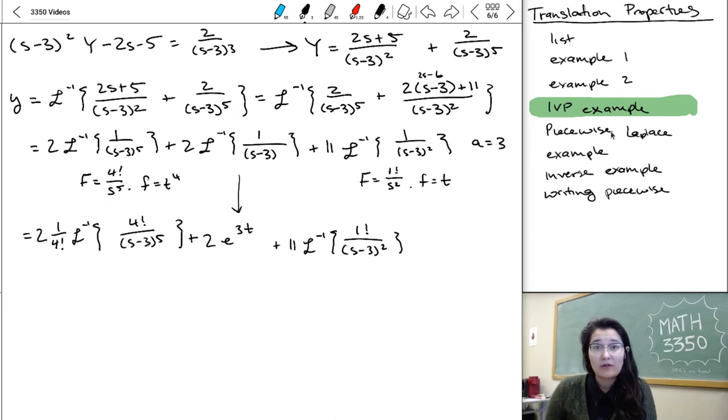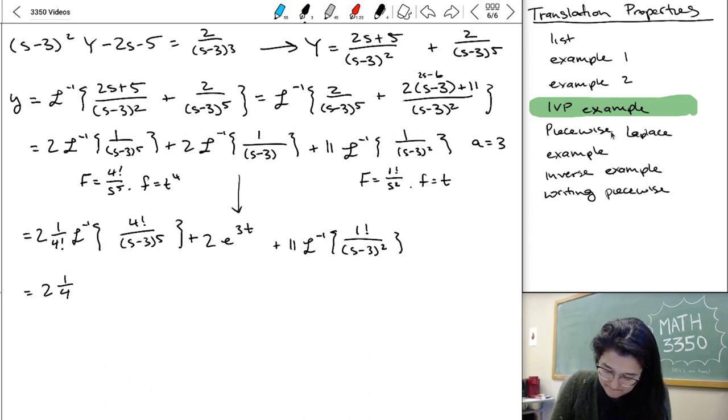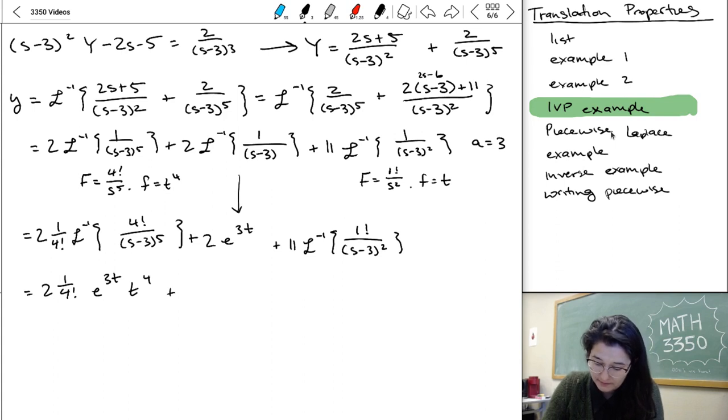Now I can go ahead and plug in that e to the at times f property. So this becomes e to the 3t times my f, which is t to the 4th. My middle term is unchanged. And again, for this a, we have e to the 3t, and my little f was t.